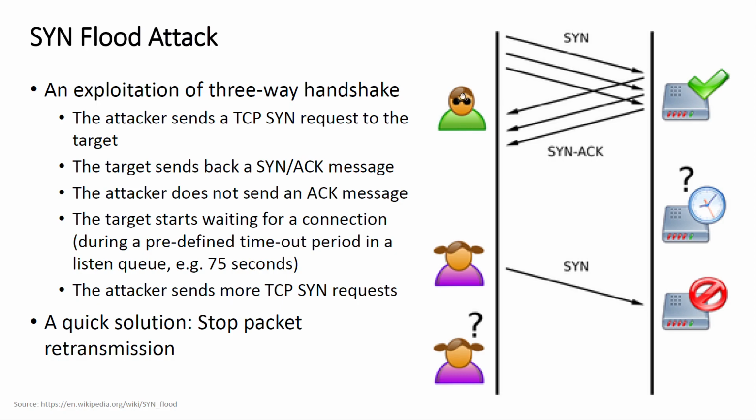But then the attacker keeps sending SYN packets but does not send back any ACK messages. So this way, when a regular user tries to connect to the system, since the system is busy, the service will be unreachable. A quick solution is to stop packet retransmission.